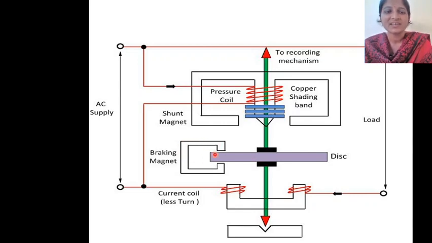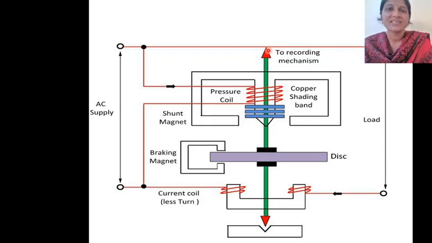Here you can see the C-shaped braking magnet which will provide the braking and control the speed of the aluminum disc. Next, the fourth one is the recording mechanism or registering system. The registering system records how many times the disc has revolved. This is connected here to this point. So this is about the construction.